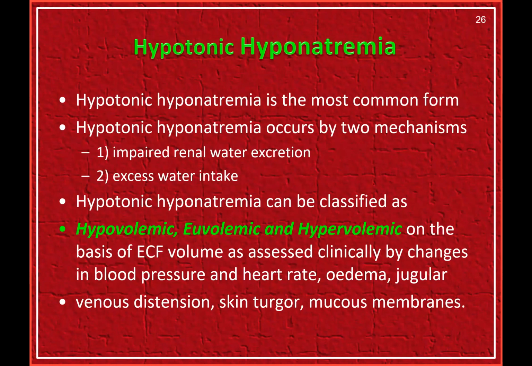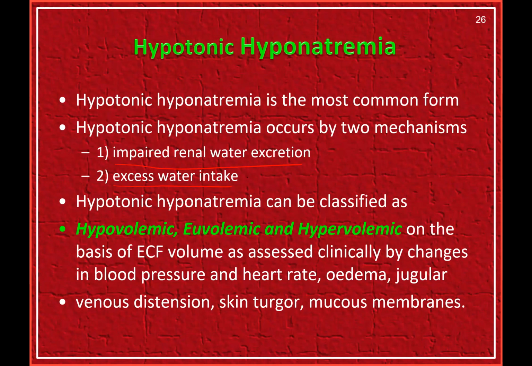Then the second one is hypotonic hyponatremia, where the plasma tonicity is lower, as expected in dehydration. There is hyponatremia, there is also hypotonicity. For example, there is dehydration due to diarrhea and vomiting. Hypotonic hyponatremia is the most common form. It occurs by two mechanisms: impaired renal water excretion or excess water intake.